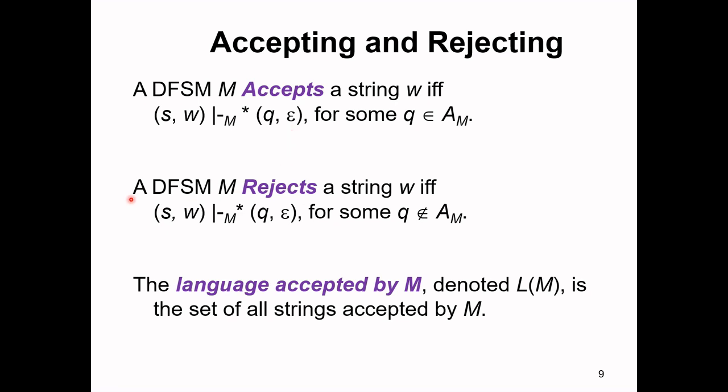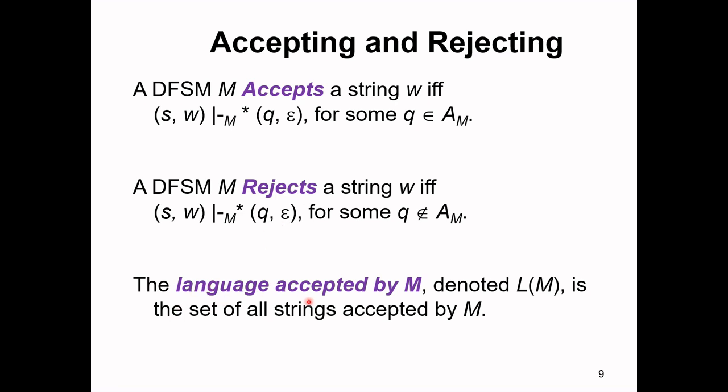Similarly, a DFSM M rejects a string W if and only if, starting with the initial state S for the string W, after multiple yields it reaches a state Q where Q does not belong to the final states of M. That is, Q is not a final state after processing the entire string.